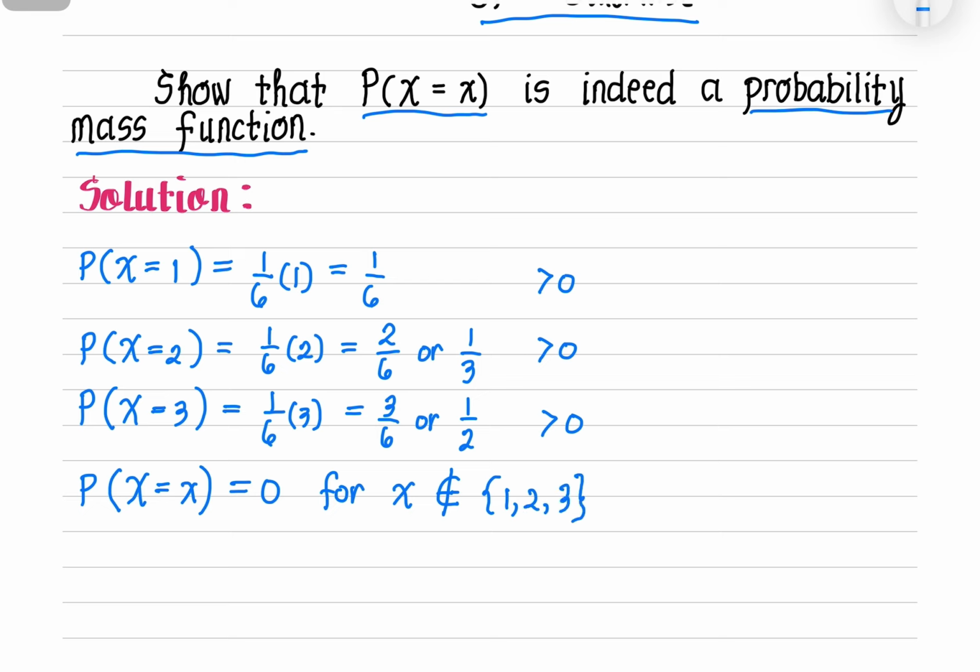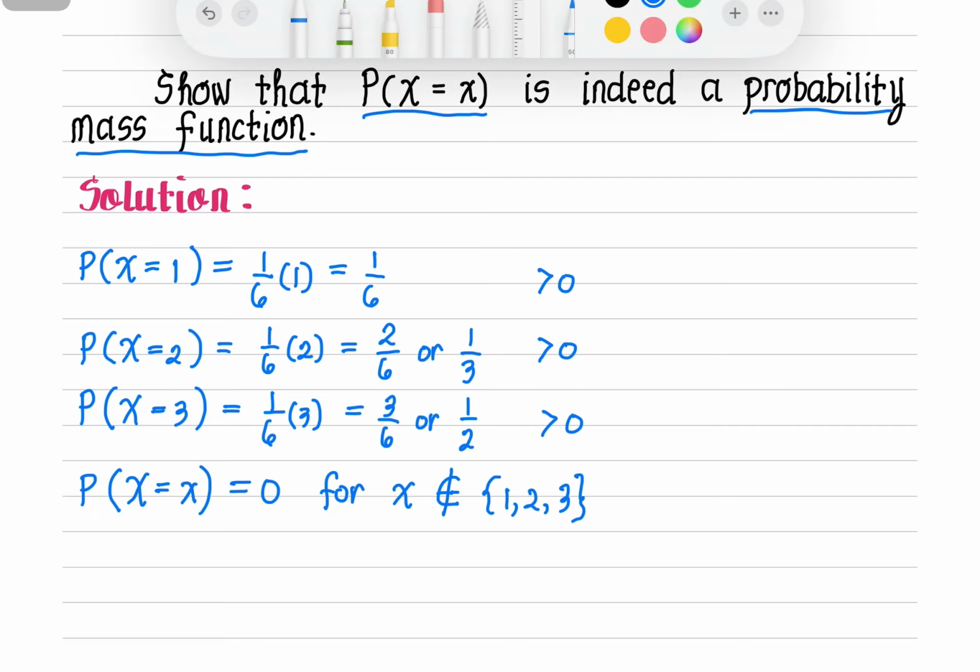So, guys, ano ang ibig sabihin dito? Ibig sabihin, 0 ang magiging probability kapag hindi naging value ng ating random variable, which is yung x, ay 1, 2, and 3. Okay? So, the first property of probability mass function is satisfied. So, ibig sabihin, check tayo dyan.